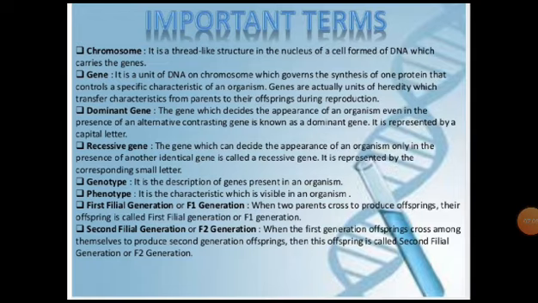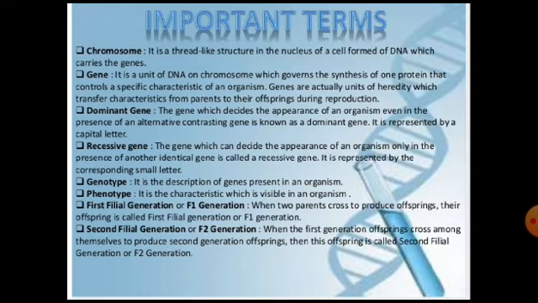There are some important terms which you must know before continuing the lecture. These are chromosomes. What does the word chromosome mean? Chromosome is a term used to describe a thread-like structure in the nucleus of a cell, formed of DNA, which carries the genes.